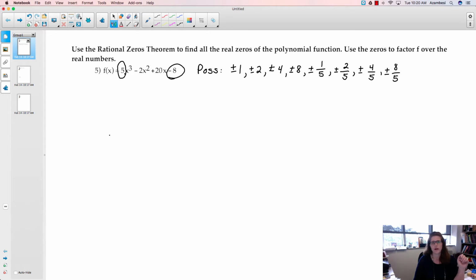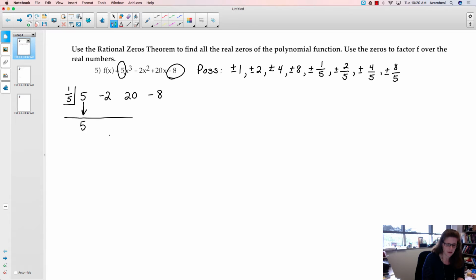Now I'm going to go through and do synthetic division to figure out which one of these zeros are true. I think you guys are all in good shape as far as the whole numbers are concerned. So really I'm going to start with the fractions so that we can get some synthetic division with fractions under our belts. So starting with 1/5, I'm going to write my coefficients of my function across the top, so 5, -2, 20, and -8.